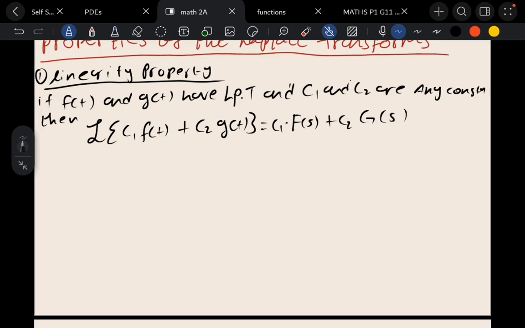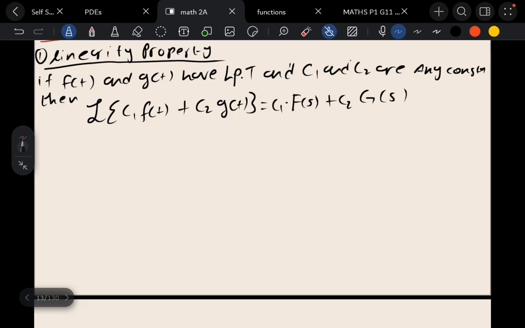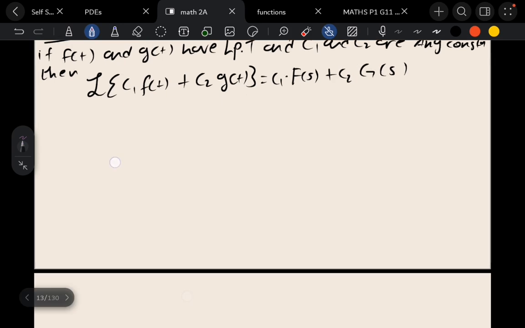Now, we need to prove this. How would you prove this? The proof will be provided.